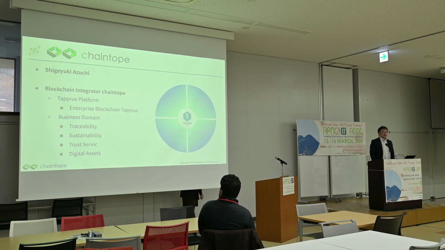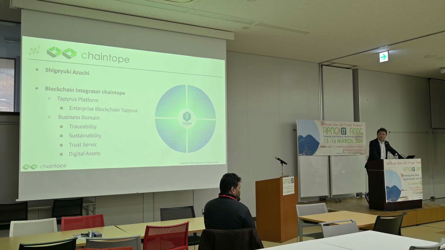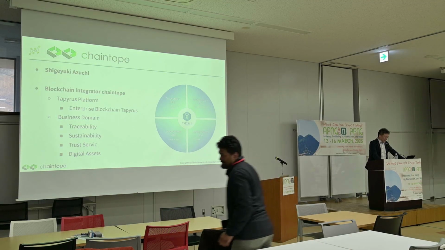We focus on 4 domains. The first is traceability: certification of origin and distribution records for foods and agricultural products, plastic and industrial waste, and digital passports compliant with EU regulation.